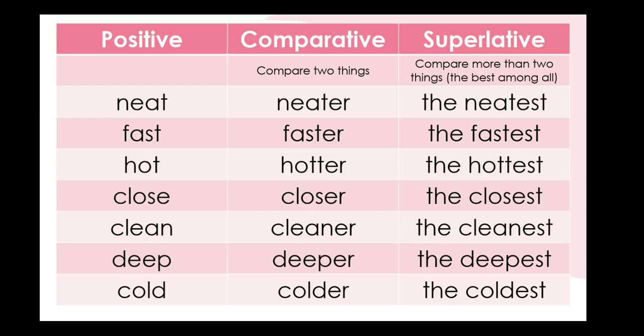Now here you can see that in the first column we have some positive adjectives, then we have comparative adjectives, and then the superlative adjectives. When we compare two things, we use the comparative adjective, and when we compare more than two things, when we are talking about the best among all, we use the superlative degree.